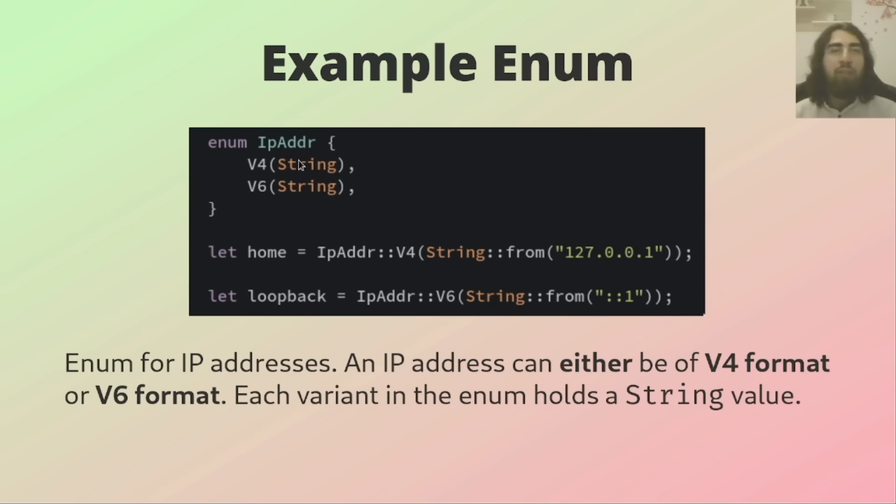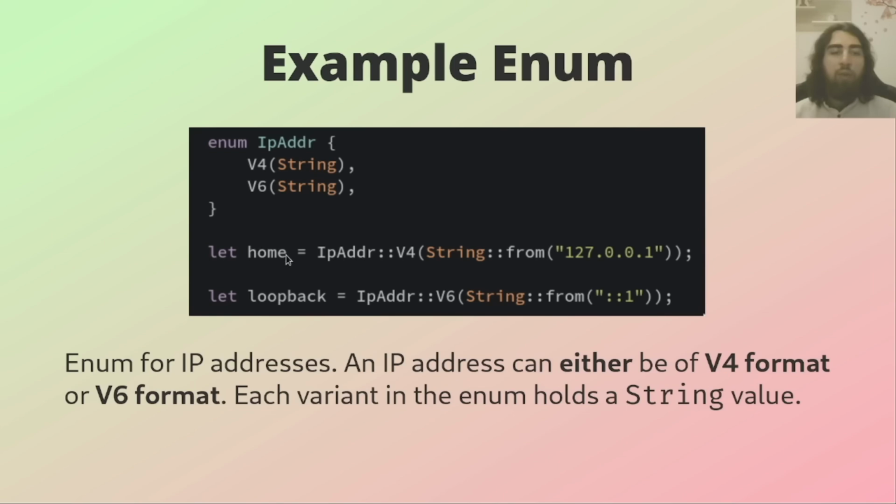I hope you noticed the difference. In a struct we would have provided concrete values for each field. In an enum we instantiate the enum only with one single variant. All right.